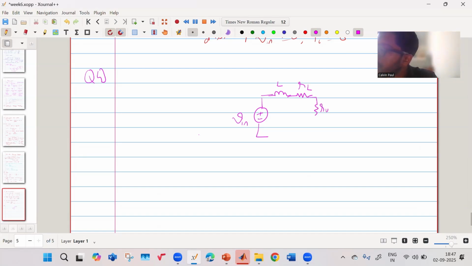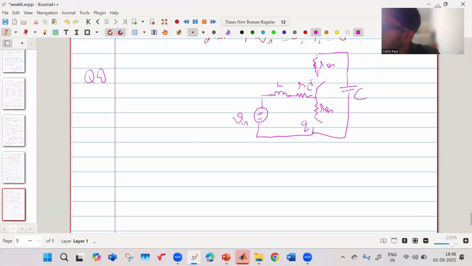You have your switch with resistance R1. This is Q, your ideal switch, and its resistance R1. This is your Q bar. This is your C, and this is your R.